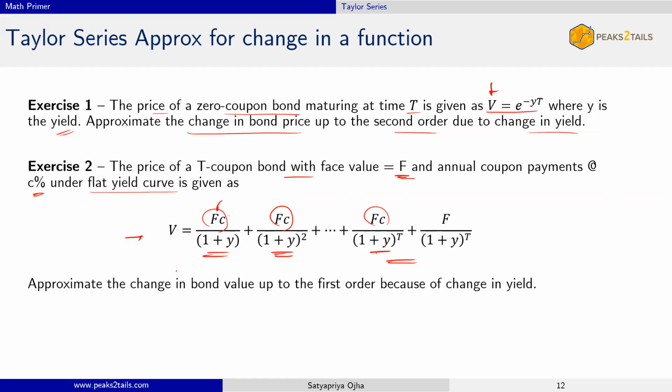This is the last coupon, and then you also get the principal back that gets discounted by 1 plus y to the power t. If this is the function, approximate the change in bond value up to the first order because of change in yield. Second order also you can do, but it'll be messy, so let's not do that. I leave it as an exercise for you.